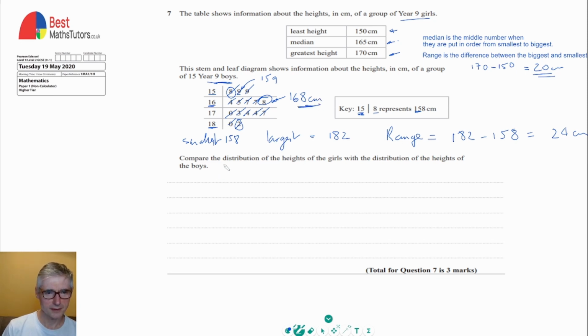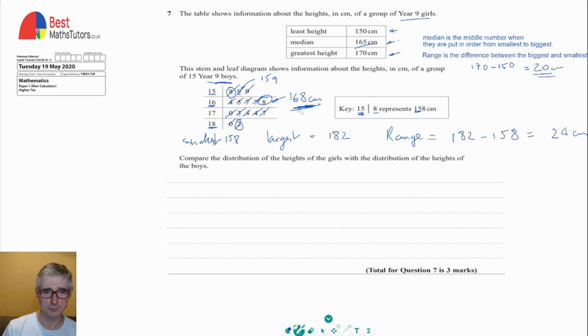So now what we're asked to do is compare the distribution of the heights of the girls with the distribution of the heights of the boys. So we're looking for probably a couple of pieces of information. Because the boys have a bigger median value, 168 compared with 165, we can say the boys are taller on average than the girls.